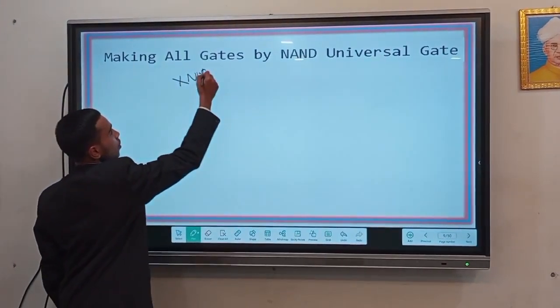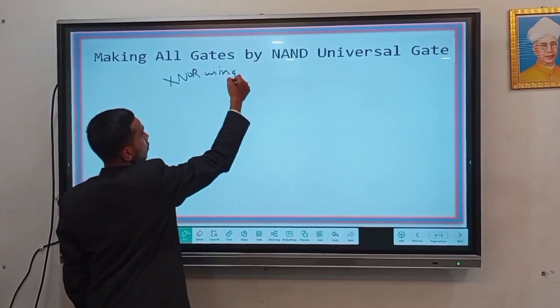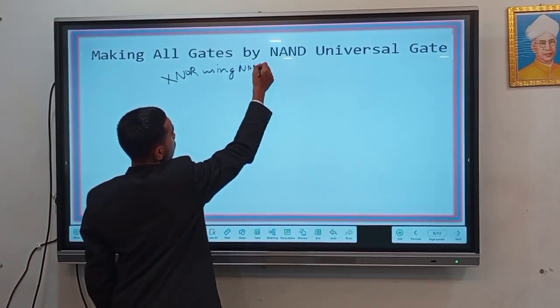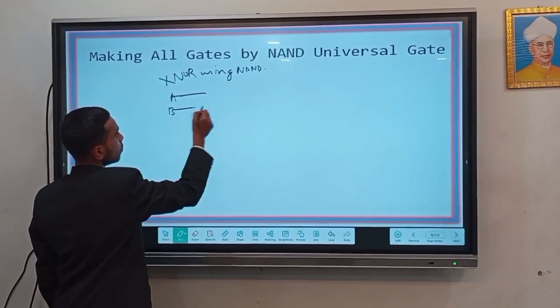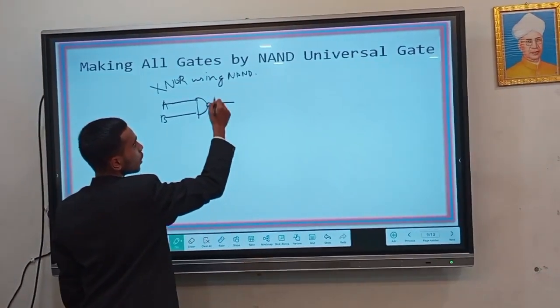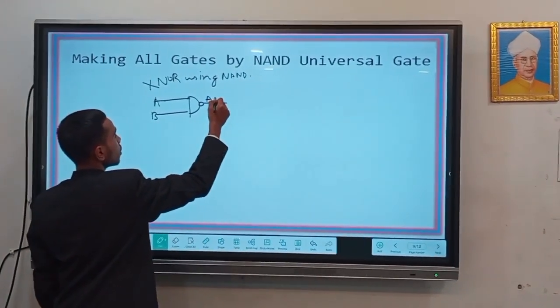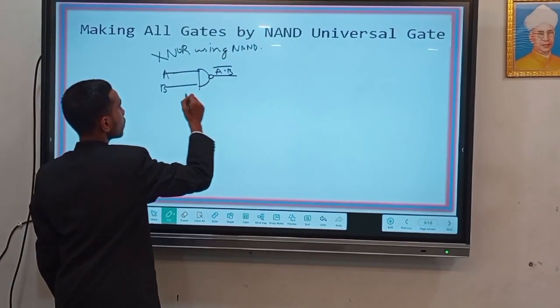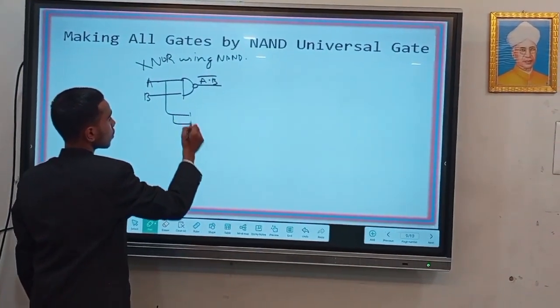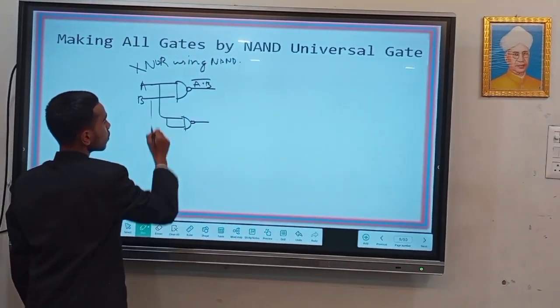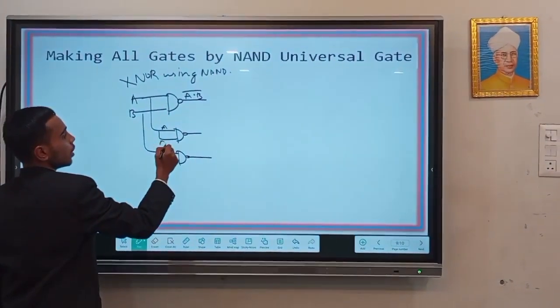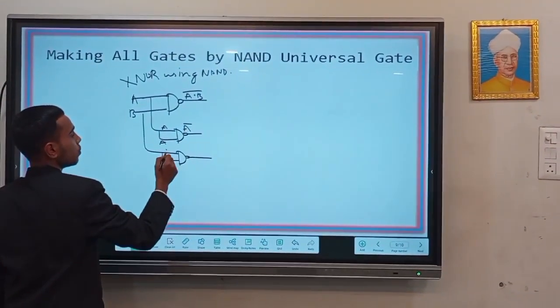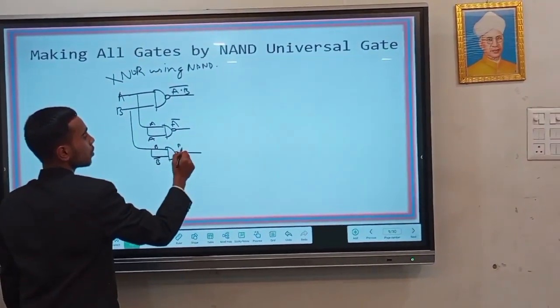XNOR now using NAND gate. A and B is sent to the NAND gate to obtain (A into B) whole complement. Here A and A is going to give A complement, and here B and B is going to give B complement.